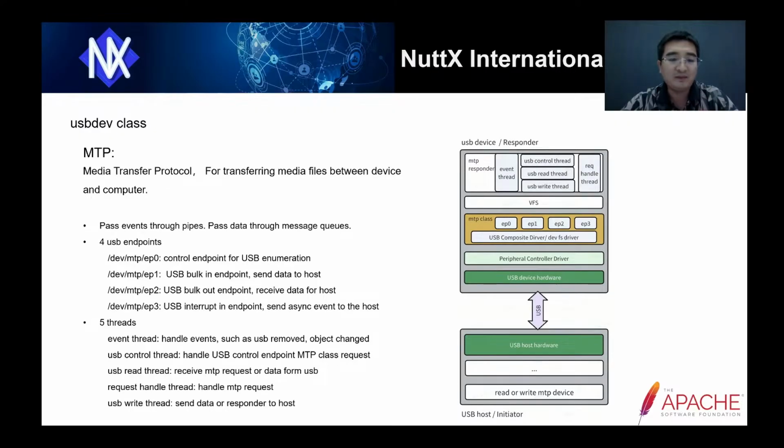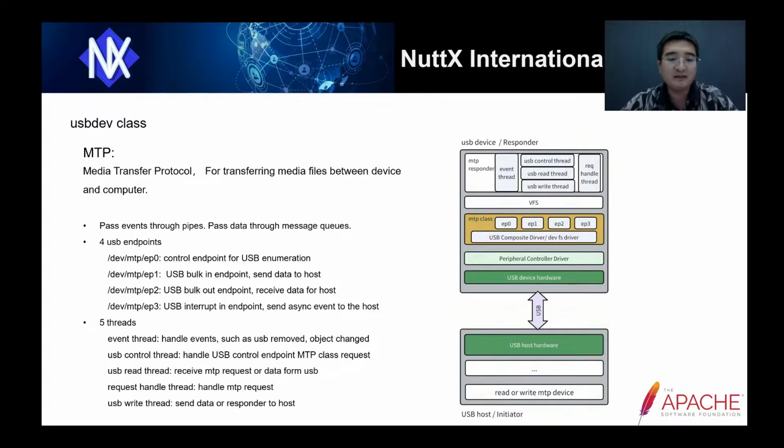MTP class, used to transfer files between host and device. It requires 4 endpoints. The application MTP responder contains 5 threads. Event thread is used to handle events, such as USB unplugging and object changes.